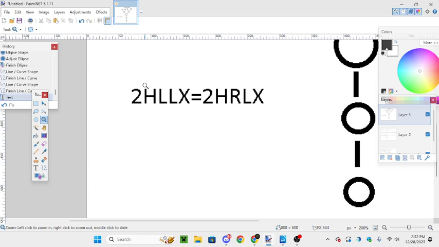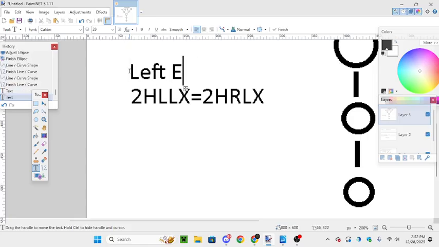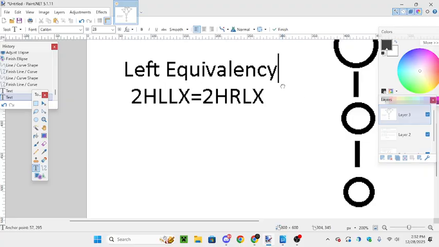This is the property that generalizes, that I'm calling left equivalency for now.